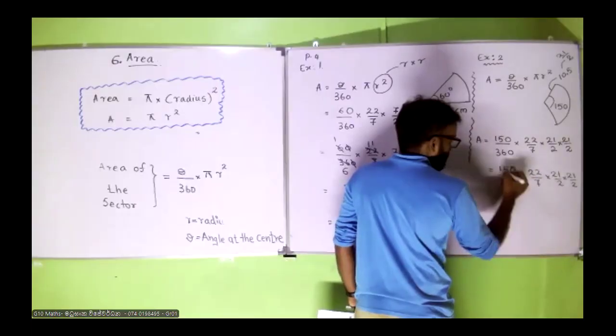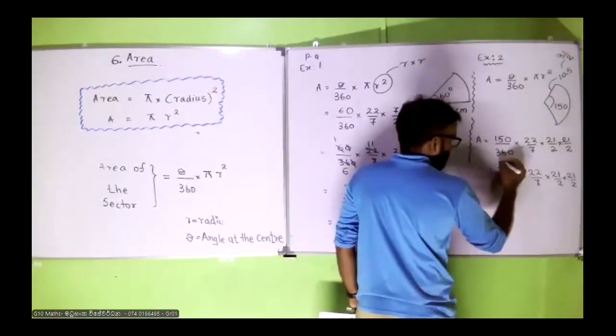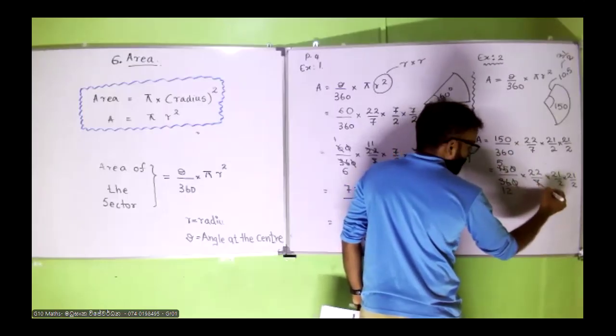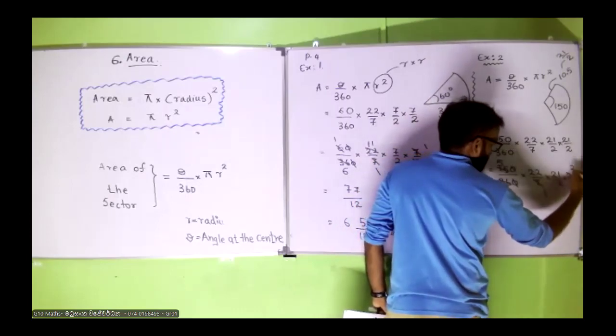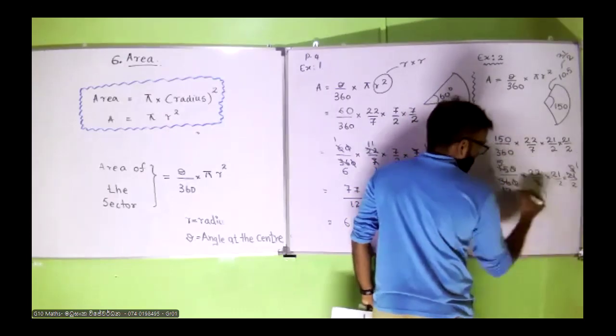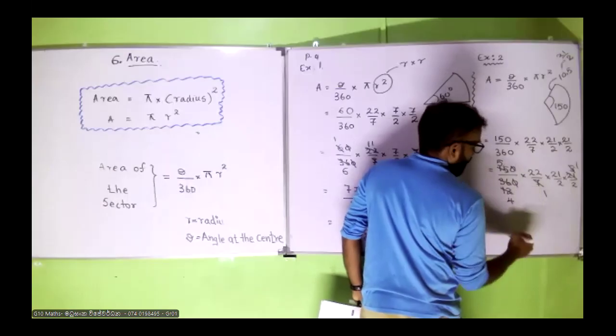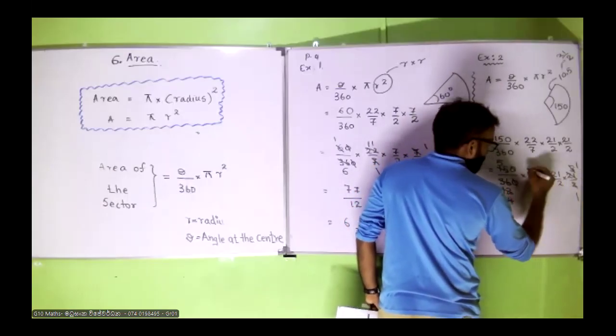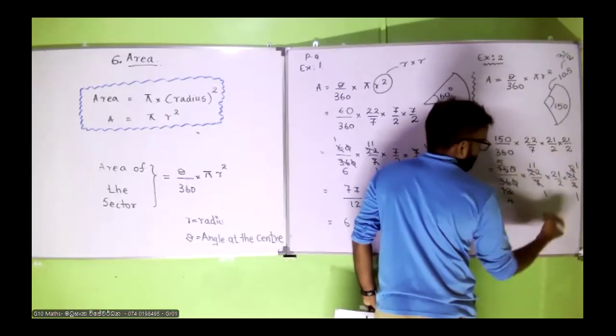3 times 5, 3 times 12, 7 times 1, 7 times 3, 3 times 1, 3 times 4, 2 times 1, 2 times 11.